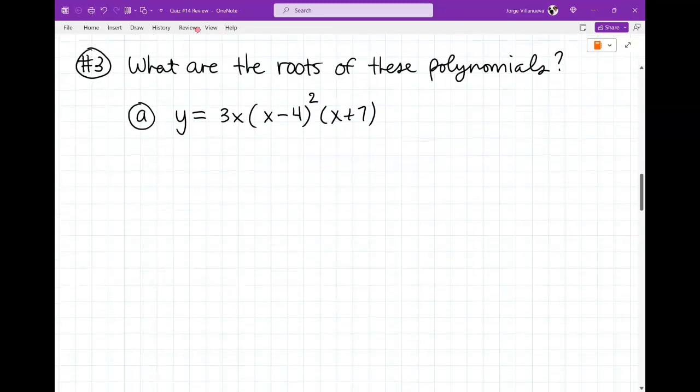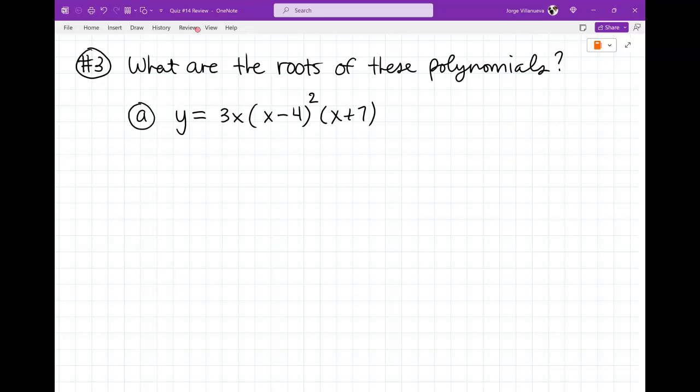Then we do get into some problems where we do have to solve some stuff, okay? So what are the roots of these polynomials? So there's an A and a B. I have part B a little bit later because this does require a little bit of work. But remember, when you have to find roots, or what was another name for roots? The most common one? Starts with the letter Z?